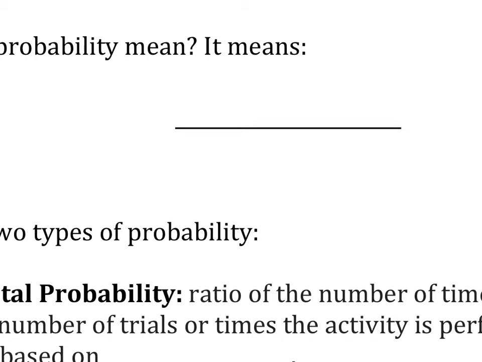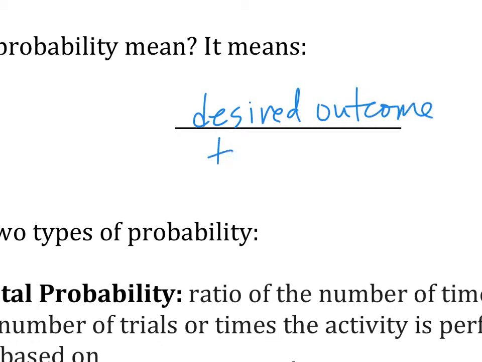So basically it's a desired outcome, so what you want, over total possible. Because probability is always a chance, right? A chance of what? A chance of what you want over everything that can happen.